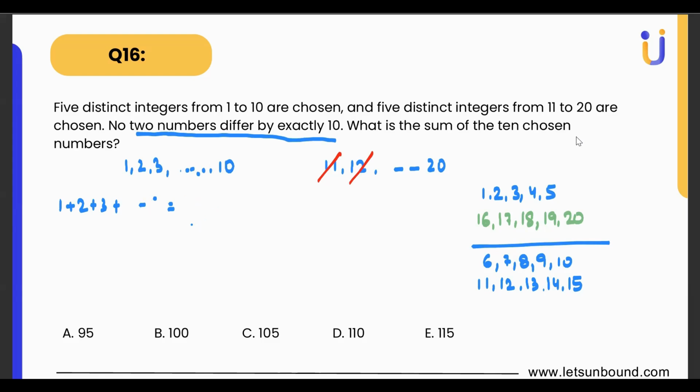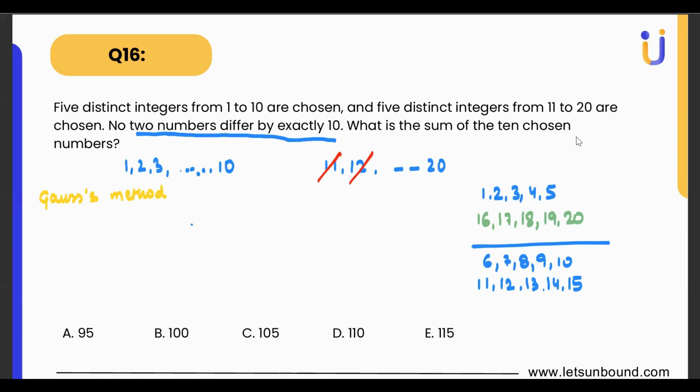Another way that you can think of adding these numbers is that when you put them in a list, you can use the Gauss method to add them. The Gauss method is to add the first and the last number. For example, 1 and 20 adds up to 21. Similarly, 2 and 19 also adds up to 21. 3 and 18 will also add up to 21.